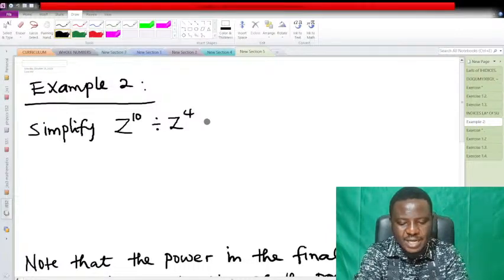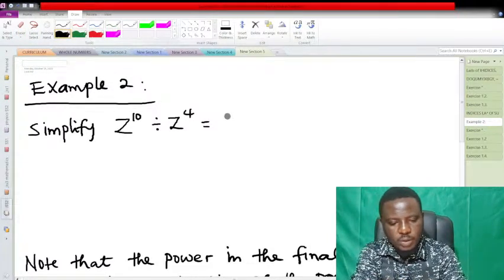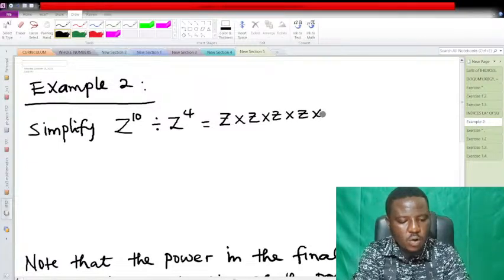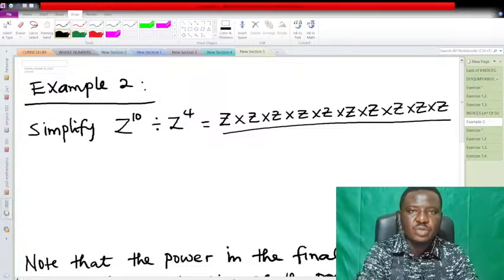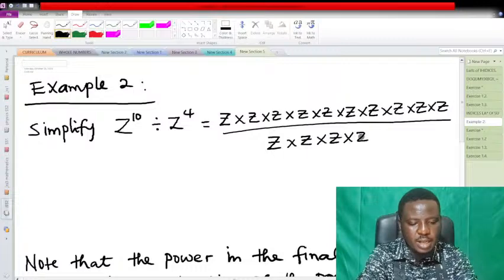This can be expressed as 1, 2, 3, 4, 5, 6, 7, 8, 9, and 10 z's, to be divided by z raised to the power of 4, which is said to be 1, 2, 3, and 4 z's.